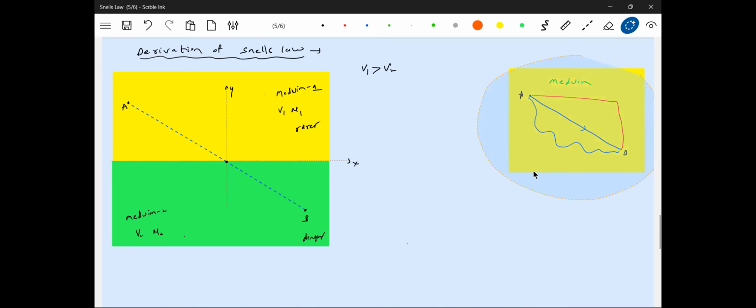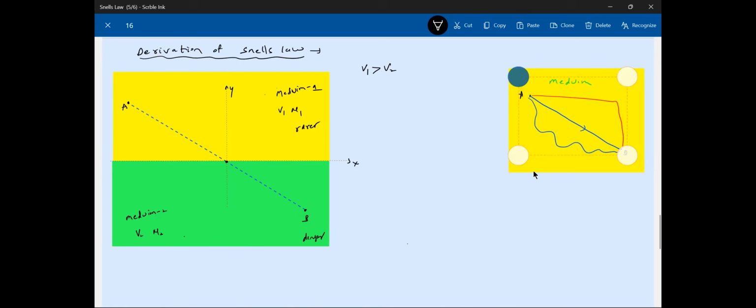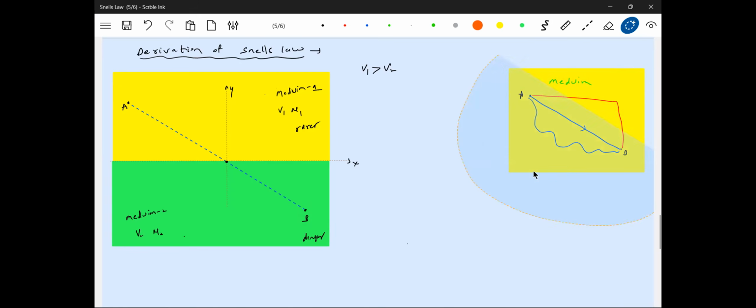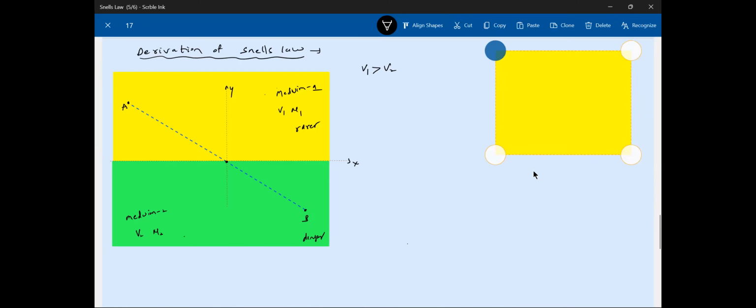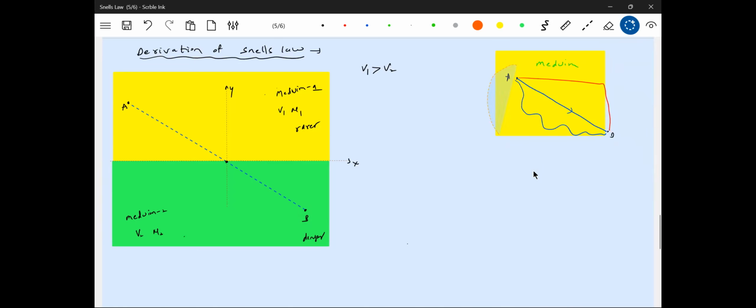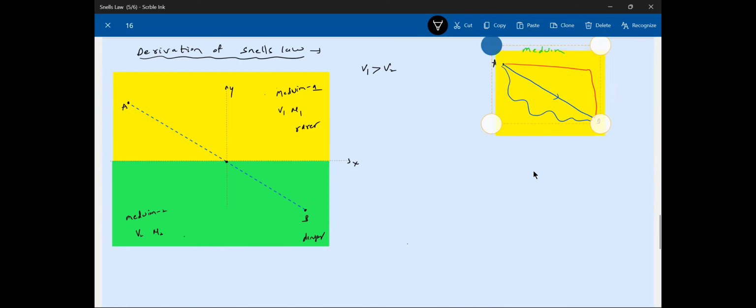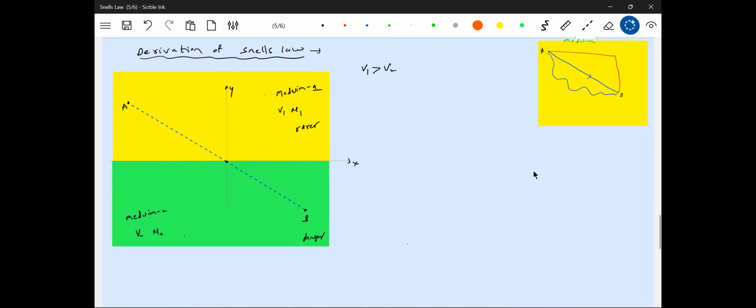I'll push this to the corner, I don't need it. Yeah. Now, what is Fermat's principle? Let me write that condition: V1 greater than V2.